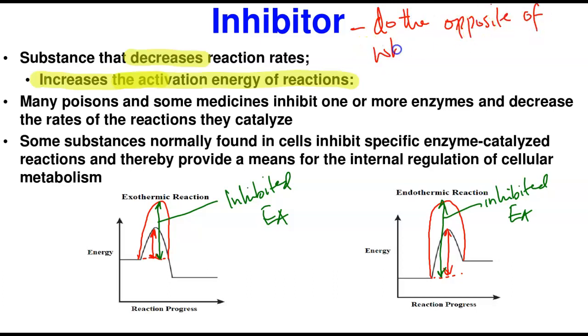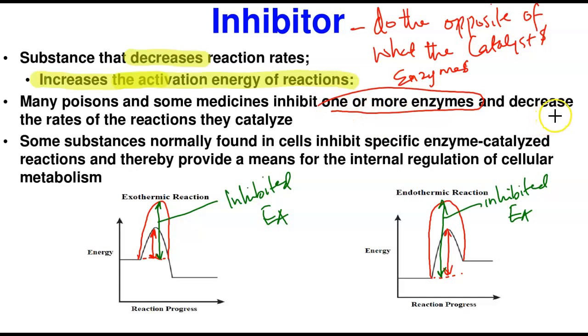So what they do is that these guys, the inhibitors, do the opposite of what the catalyst and enzyme does. In fact, many poisons that have been developed, and some medicines, inhibit one or two enzymes and decrease the rate of those reactions.